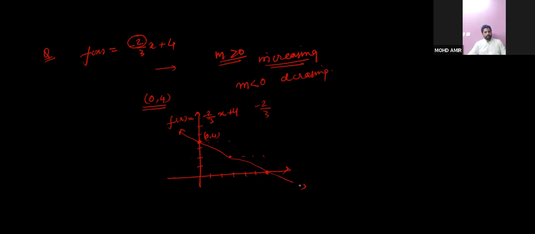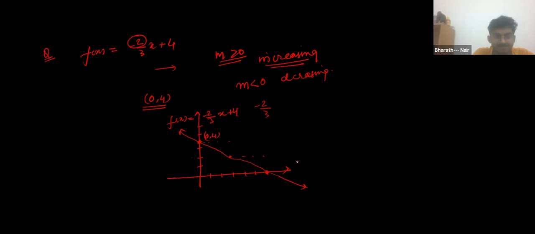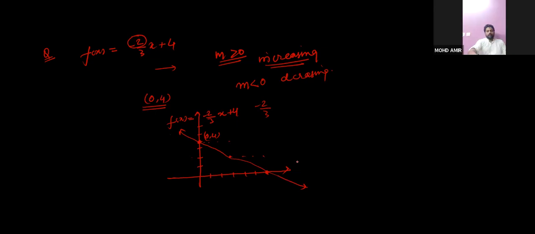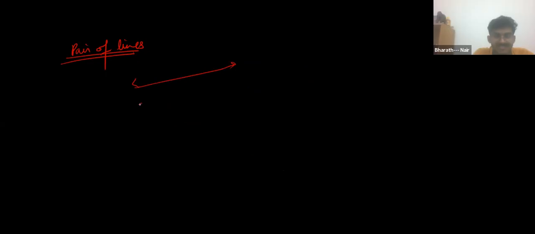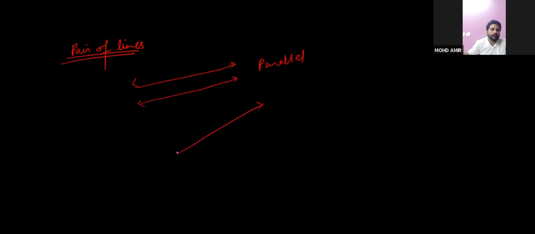Okay. So if we are given multiple lines, or only a pair of lines, and we wish to draw them, we know that they will be either parallel, or they will be intersecting.